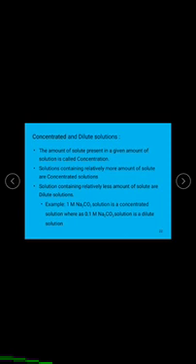And next one is concentrated and dilute solution. The amount of solute present in a given amount of solution is called concentration.